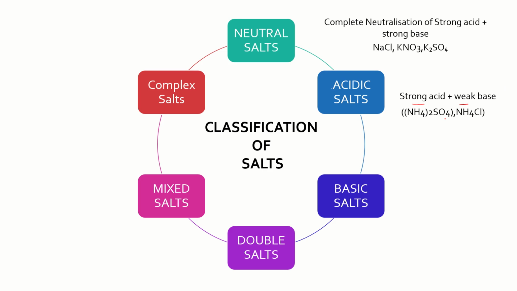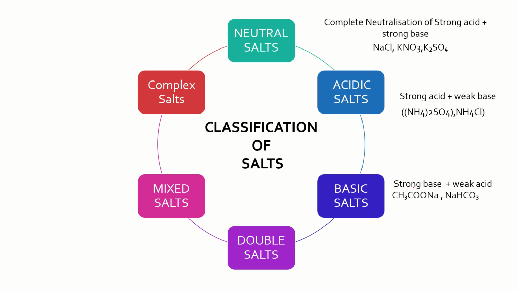So ammonium sulfate is formed by the neutralization reaction of sulfuric acid, a strong acid, and ammonium hydroxide, a weak base. So a strong acid and a weak base form an acidic salt. Example, ammonium chloride, another example of acidic salt.